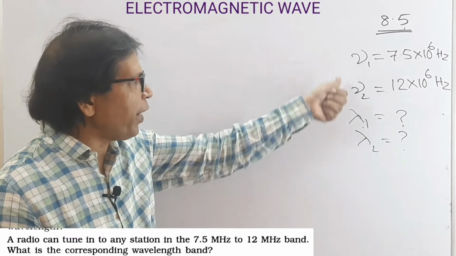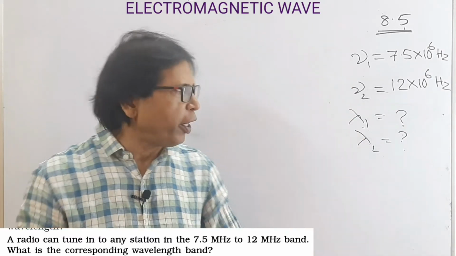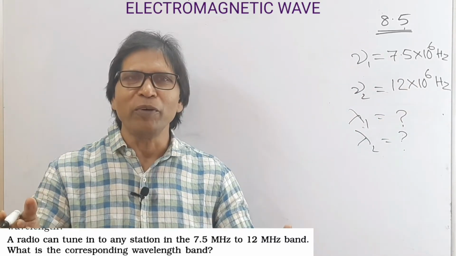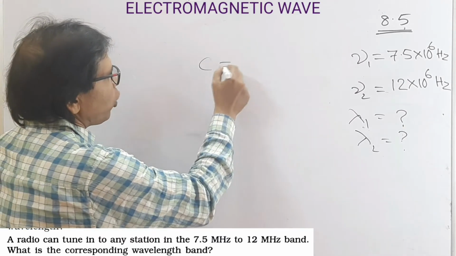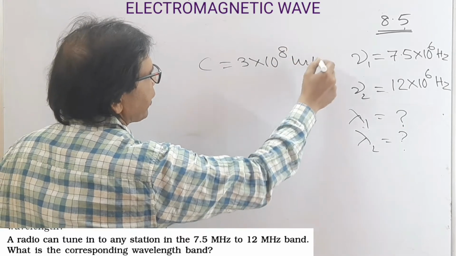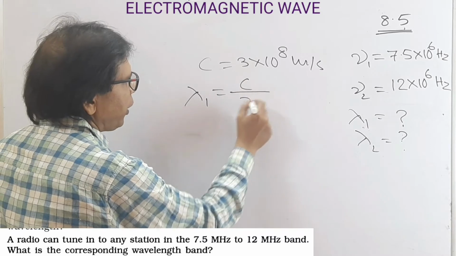The frequency band of the EM wave is this and this. We have to calculate the wavelength band. Now we know c equals 3 into 10 to the power 8 meter per second. For lambda 1, this is c by nu 1.